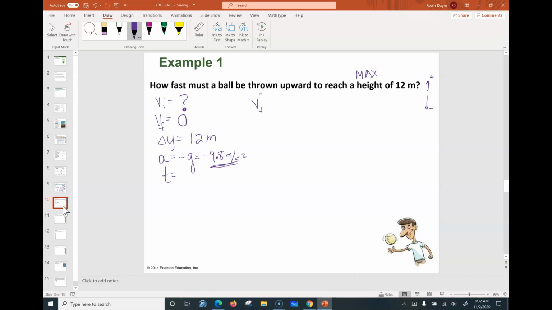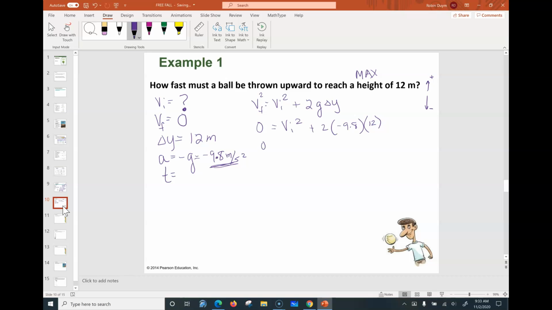Our final velocity squared is our initial velocity squared plus 2g delta y. That's a 0 again. We're solving for initial velocity plus 2 times negative 9.8, and our displacement is a positive 12 because it went up.